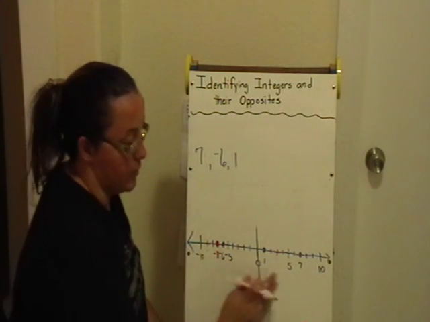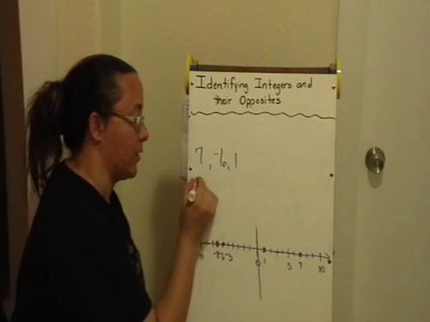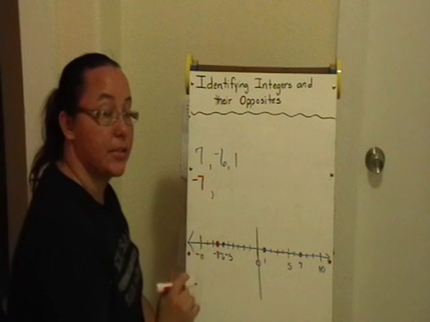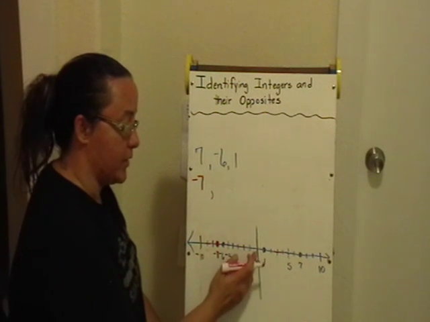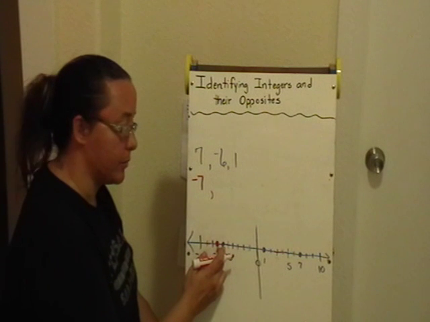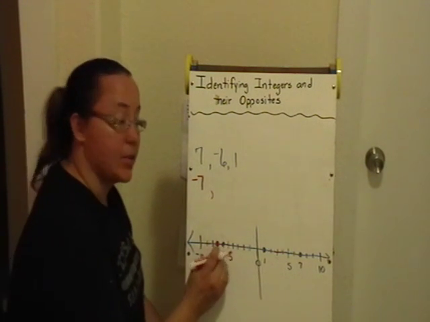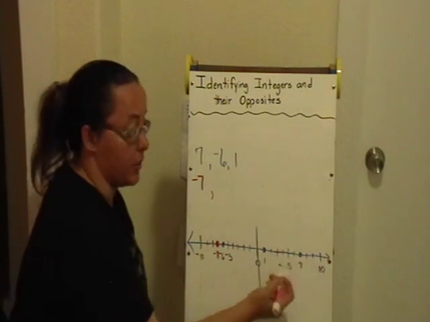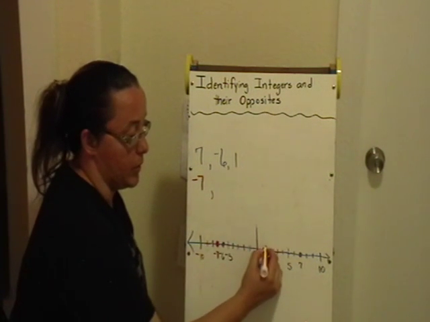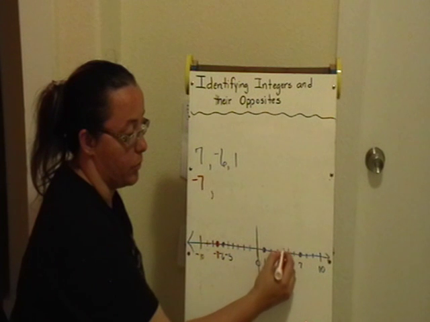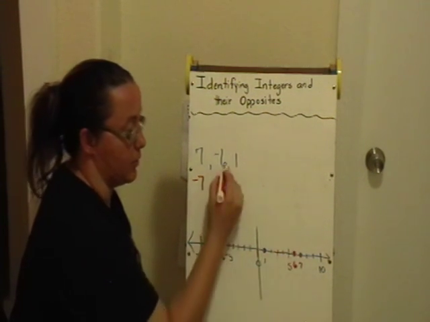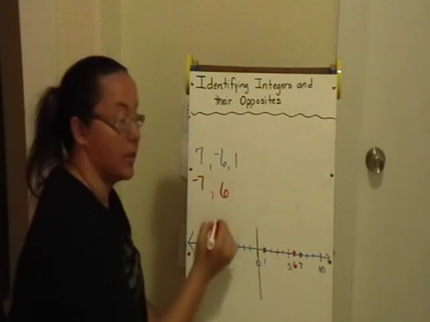So -7 and positive 7 are opposites. Let's take a look at -6. We know that -6 is 6 units to the left of 0. So in order to find the opposite, we have to look to the other side of 0. And we're going to go the same distance of spaces. 1, 2, 3, 4, 5, 6. So here we have 6. So the opposite of -6 is positive 6.